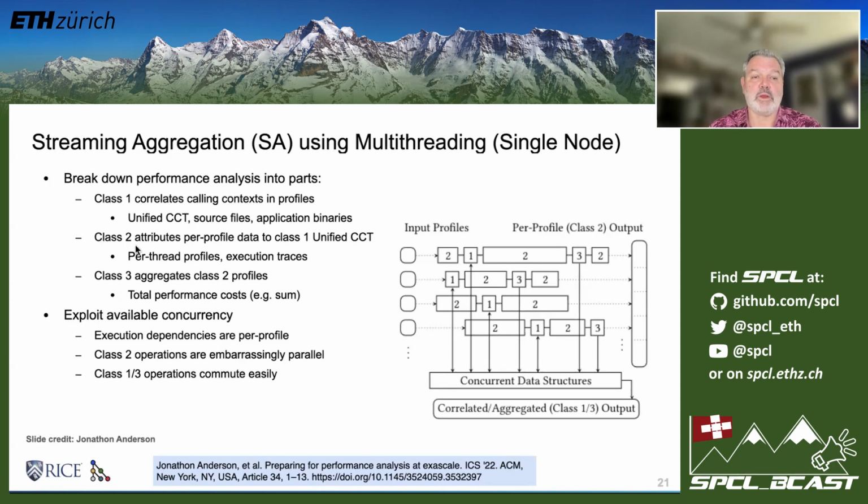And then second, we want to attribute the per-profile data to this unified calling context tree. We'll get a per-thread profile for every thread in the entire program, and then also analyze the execution traces. The execution traces basically say that I was in node 6 at time t, and I was in node 22 at time t plus delta.